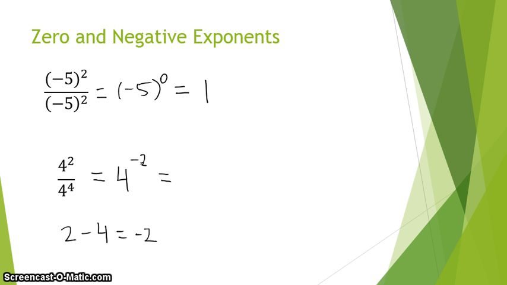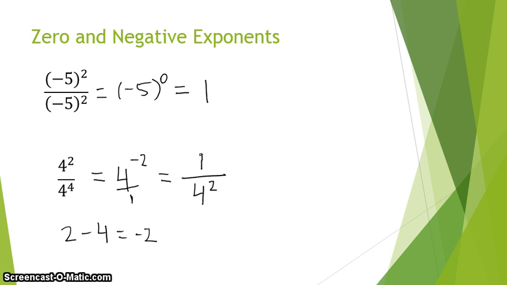What it means is you're actually going to flip your fraction around. This doesn't look like a fraction anymore. Technically, if you remember, it's over 1. So my 4 to the -2 is going to go to the bottom of my fraction. My exponent is going to turn positive because when I send it from the top to the bottom, or if it was on the bottom, I would send it to the top, it turns positive.